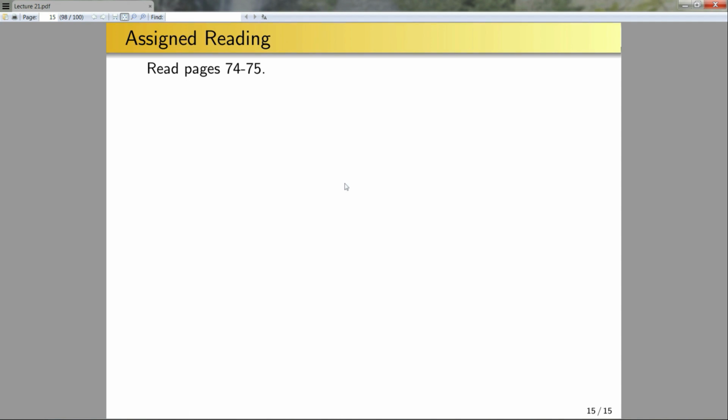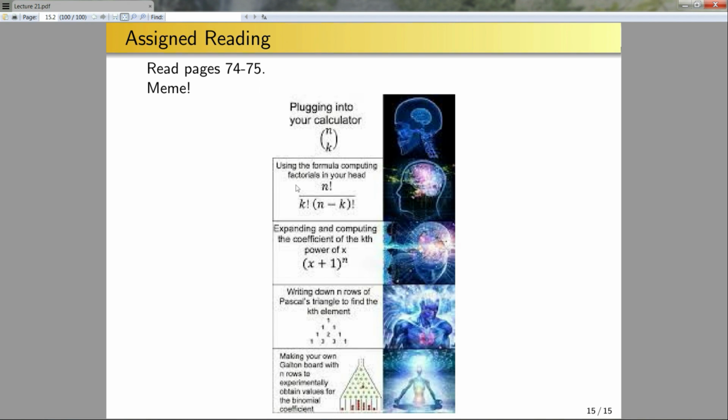Beyond that, we have a meme. Here, the options for computing n choose k are: plugging into your calculator, using the formula for computing the factorials in your head (if n and k are particularly nice, you might be able to compute this in your head), expanding and computing the coefficient of the power of x.